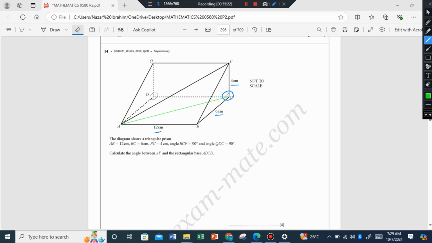Okay. So the angle which I need to find out over here is this x. Okay. So to find out, I want two sides again. I'm making this triangle APC, right?